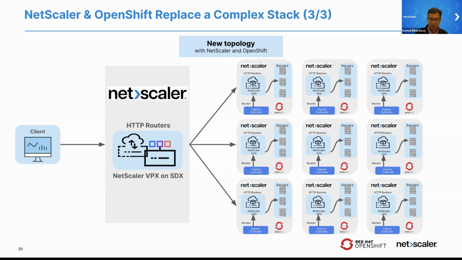All are behaving in unison, and the NetScaler CPX is the ingress in all of these OpenShift clusters. This has helped them standardize in terms of observability, configuration, security policies, etc. So this is where all of these things come together, and you are able to manage day one to day n operations smoothly.